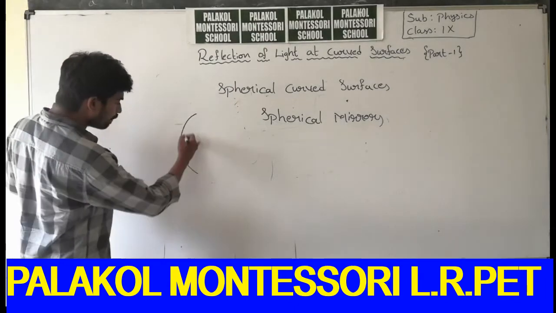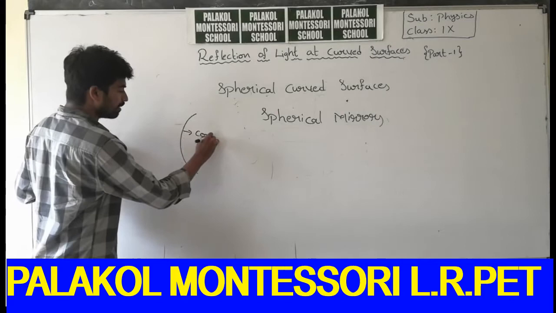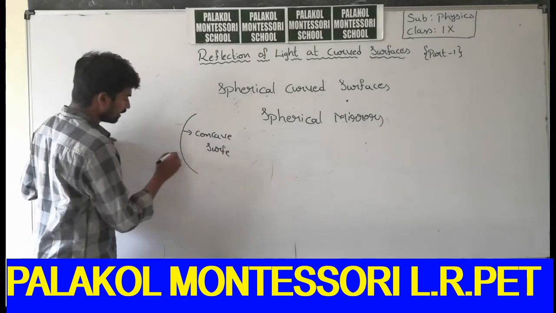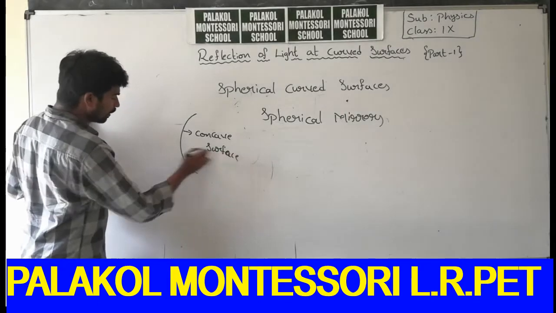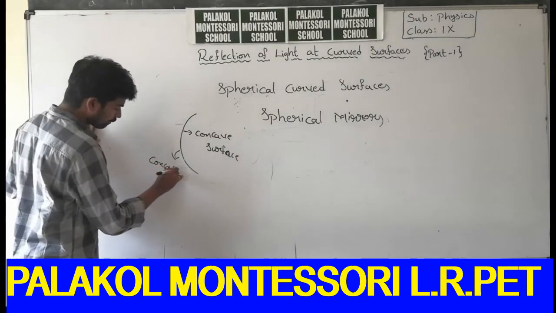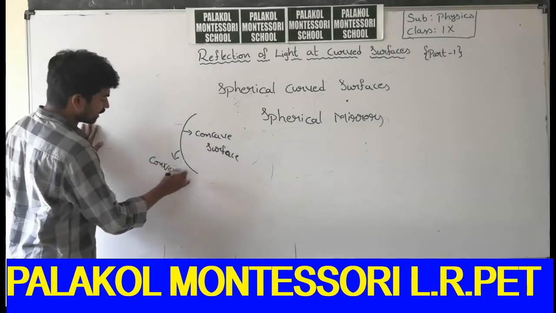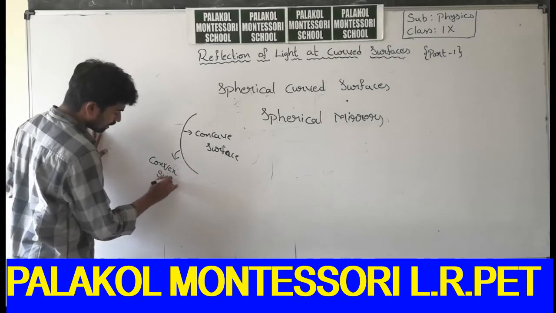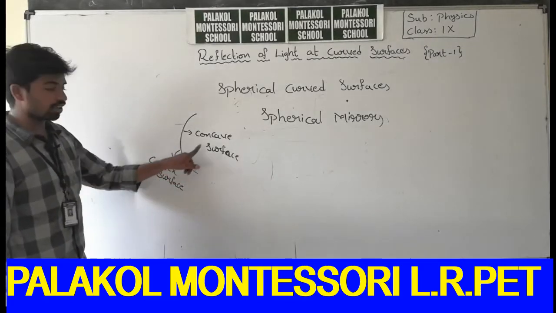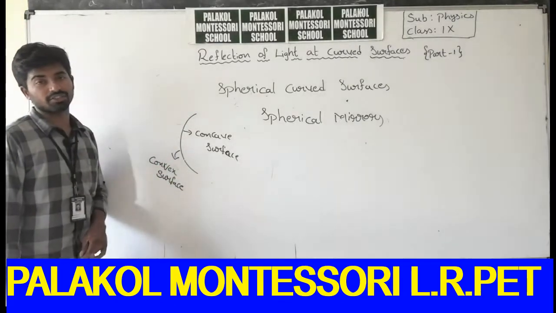This inward bent surface is called the concave surface, and this outward bent surface is called the convex surface.